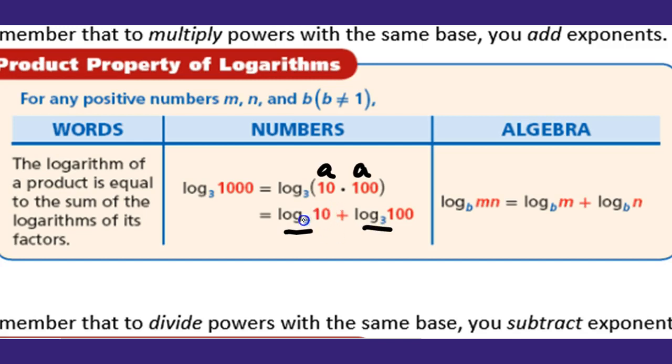I can write log base 3 of 10 plus log base 3 of 100. So here's the rule: log base b of m times n, I can expand to log base b of m plus log base b of n. Again, the base won't change.